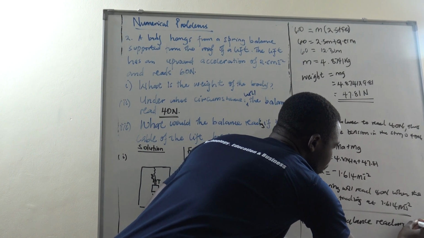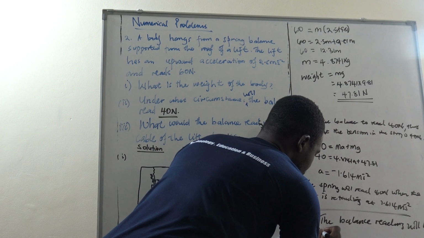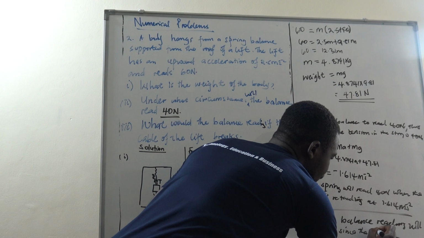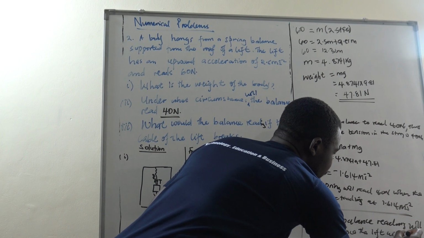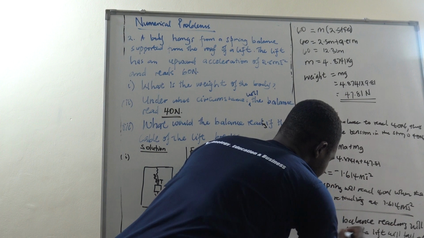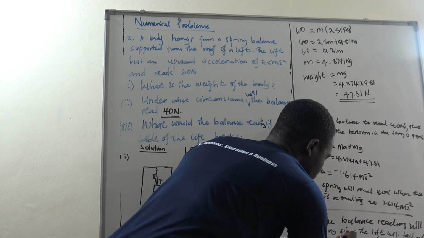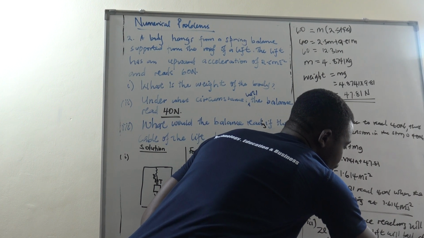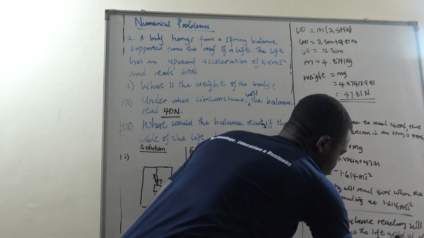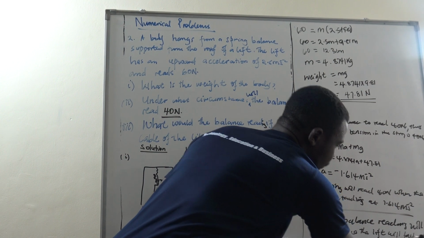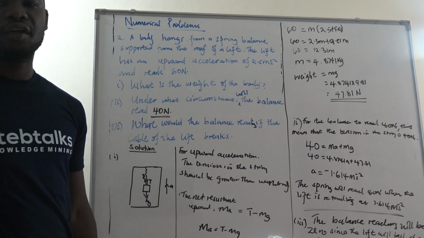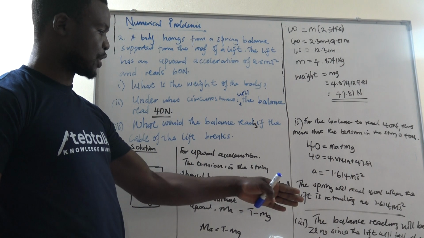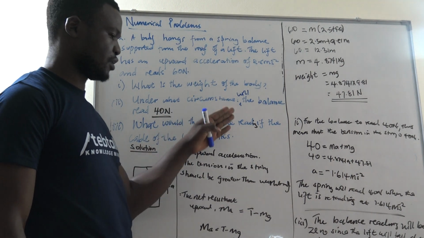We're going to say that the ballast reading will be 0 since the lift will fall due to acceleration due to gravity. That is the reason we give for getting a 0 reading.